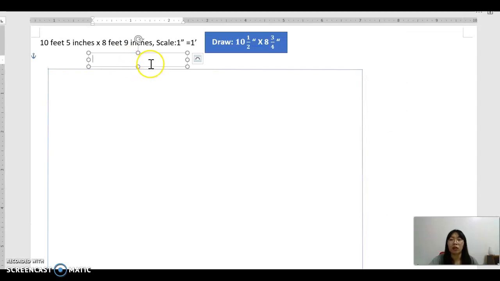To finish our drawing, we need to remember the last step, which is to write down the original measurements on your drawing.